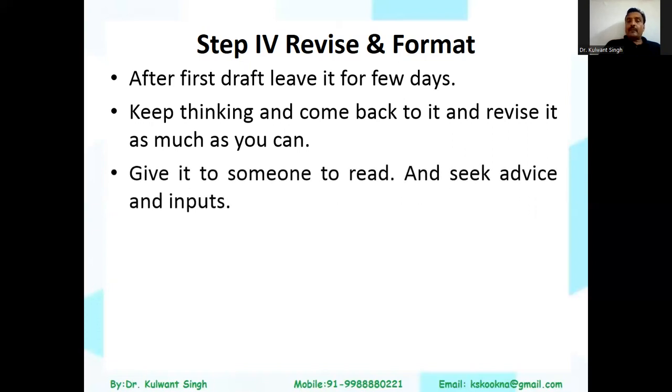Or you can give it to someone else to read and seek some advice or input to improve the quality of your article. You may take help of your colleague, your supervisor, your team member, your mentor, or any other friend.